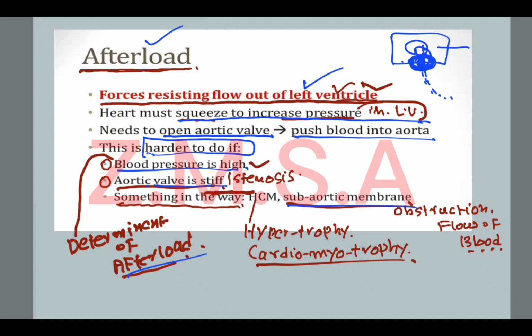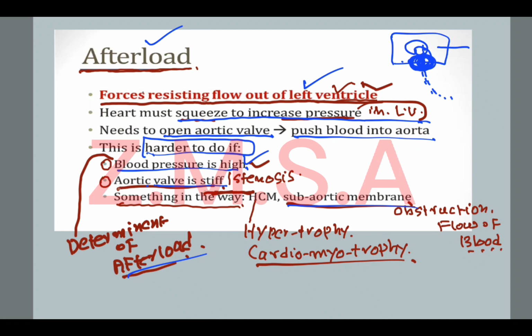So simply, afterload is increased pressure against arterial pressure, increased force against arterial resistance. This is called afterload. When blood pressure is high, there is already more resistance in the periphery, so the left ventricle must generate more pressure against the arterial resistance.